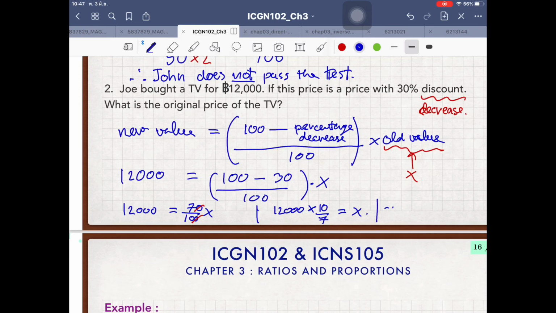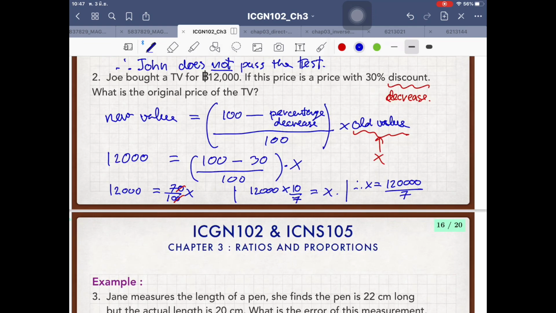So x will be 12, and then you have 4 zeros, divided by 7. All right, and the unit will be in baht. So that's it.